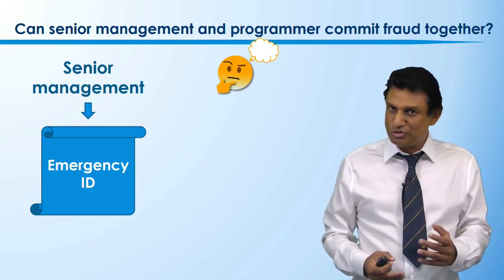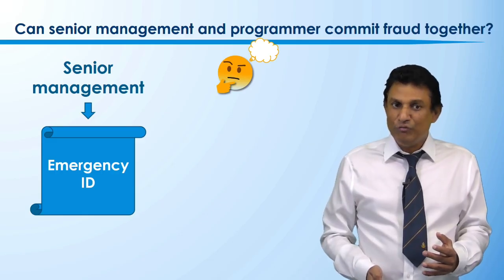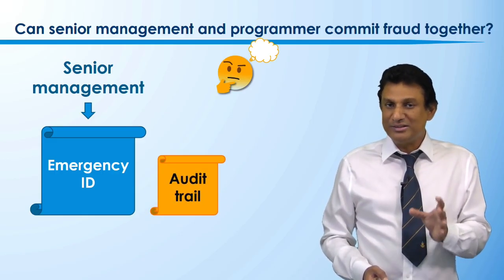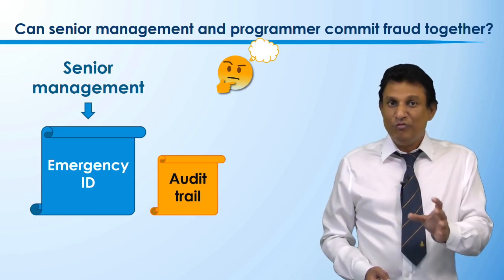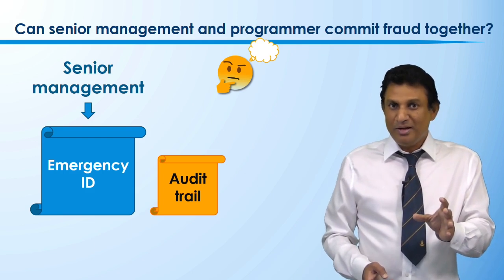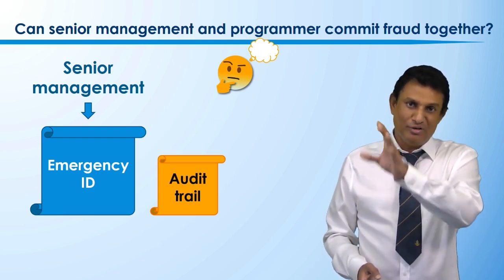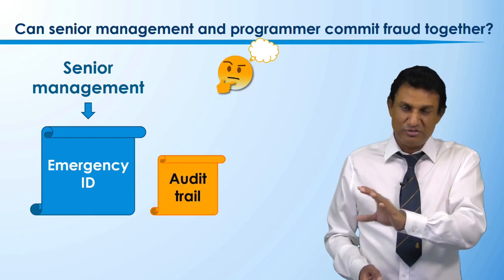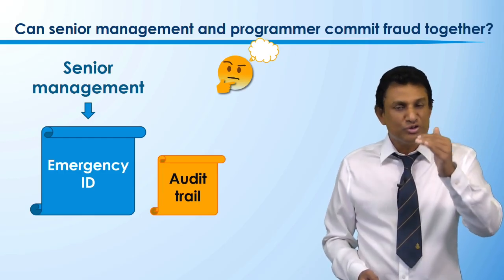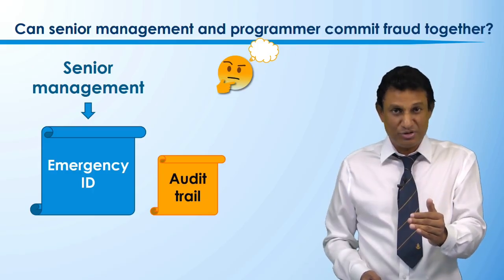Now we have a good solution for this case, which is called audit trail. But remember, audit trail is something that we create. Whenever that emergency ID is created, there will be an audit trail, offsite and system generated, and we keep a record of who's the programmer and who's the supervisor that created the emergency ID.